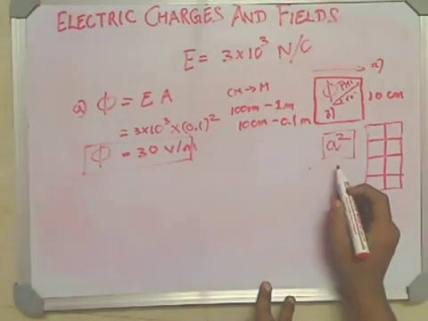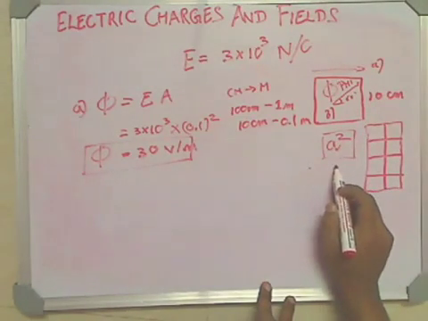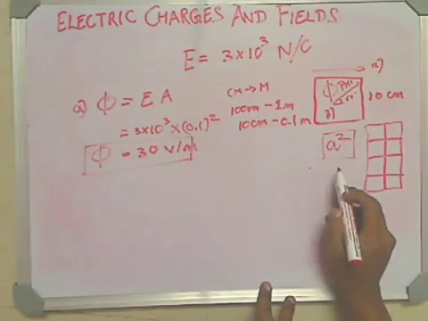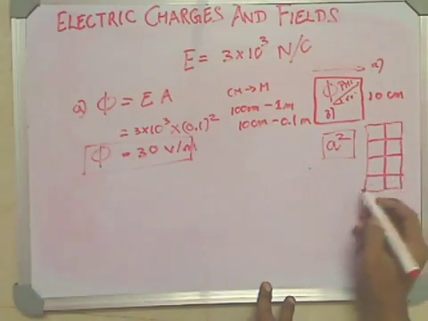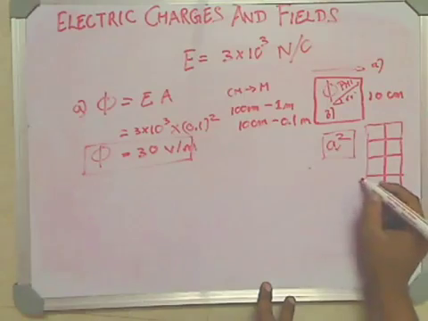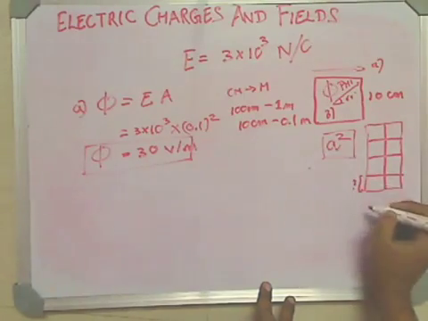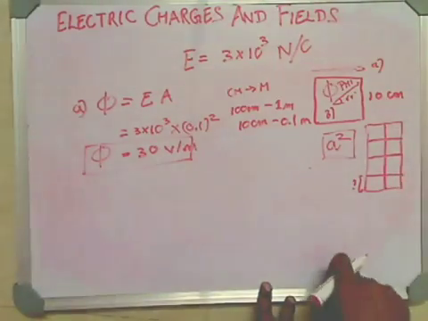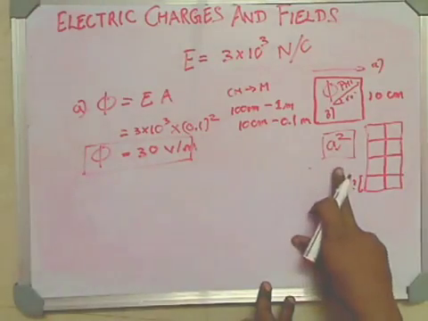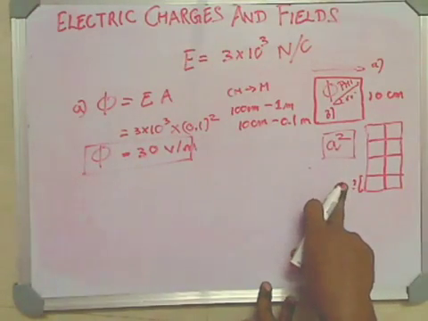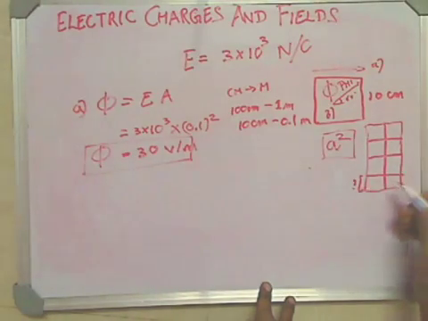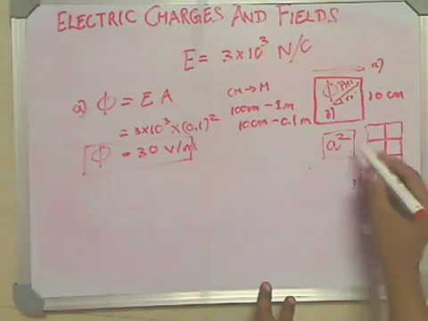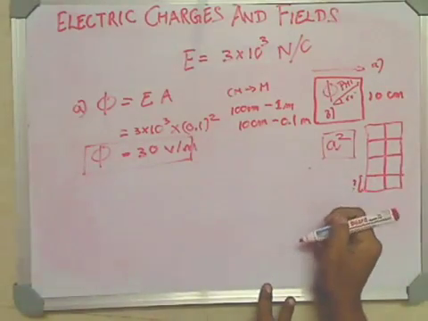In fact, a square is one of the easiest shapes in geometry, which you can measure without any difficulty at all. All you need to do is measure just one side, and everything else can be calculated afterwards. That's when they brought in the concept of a square. In order to find the area, all you needed to do was find the length of one side, and you can calculate everything else afterwards.